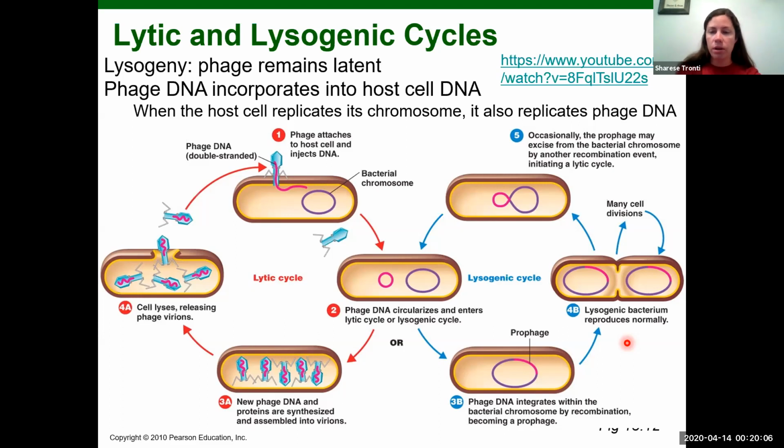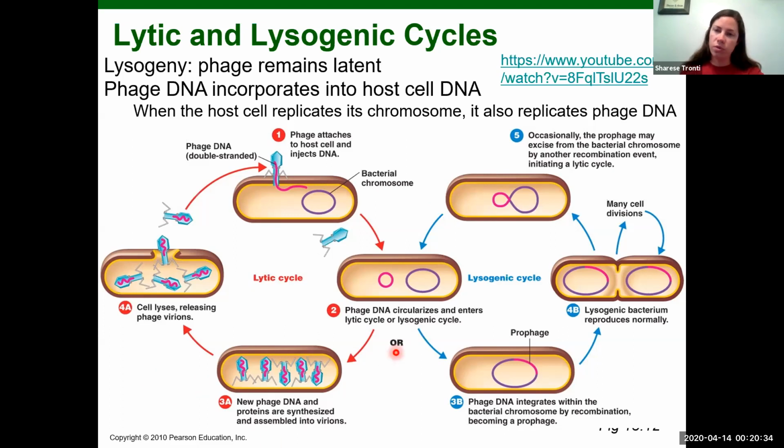And then sometimes the reason's not known, sometimes we do know, but then the viral DNA will switch to going into the lytic cycle. And so it will excise the viral DNA out from the host cell DNA, and then it will enter into the lytic phase.